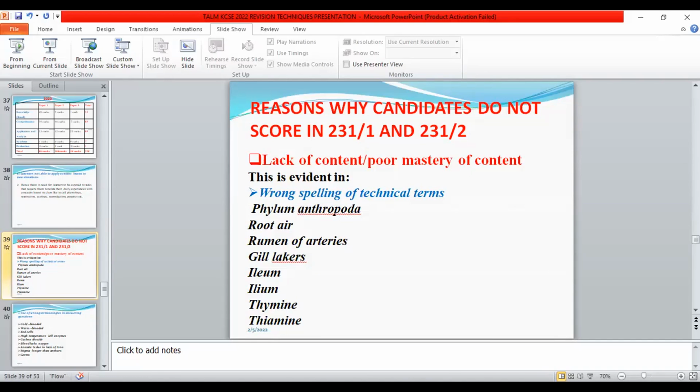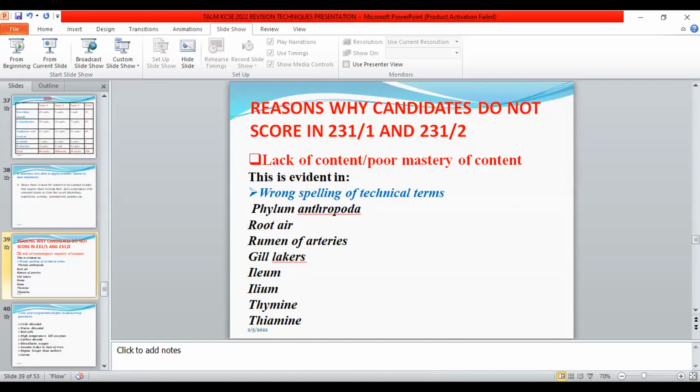We assume that they did that work in primary school. We tell them to copy that table, and then we are very happy we have completed the syllabus, so that the following year we move to Form 2 work. So not many students will appreciate that they have met thiamine, and thiamine is vitamin B1.